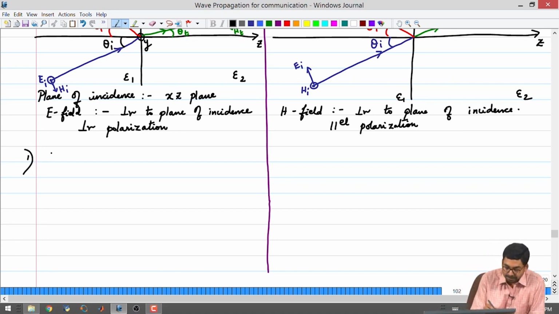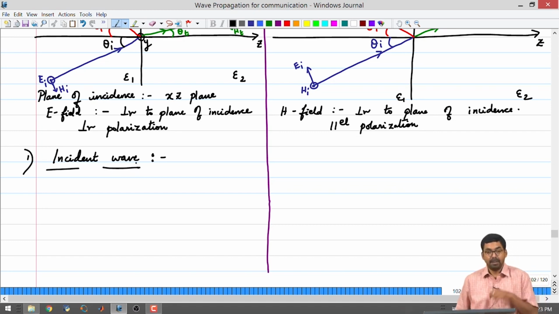I am having an incident wave and I am going to write down some expressions. Specifically, I want to write down the expression for the electric and the magnetic fields. Okay. So, I will write down what we had seen before and then build on it.